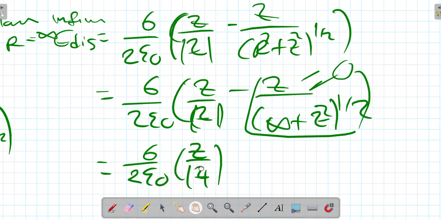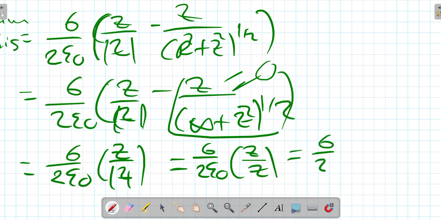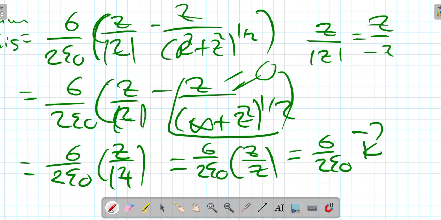If z is positive, we're going to have sigma over 2 epsilon 0 times z over z, which is 1. So we're going to have sigma over 2 epsilon 0 in the direction of k for the infinite plane. If you remember, this is what we found. If z is negative, z over absolute value of z is z over negative z, which is equal to negative 1. So it's going to give us negative sigma over 2 epsilon 0 in the direction of k.